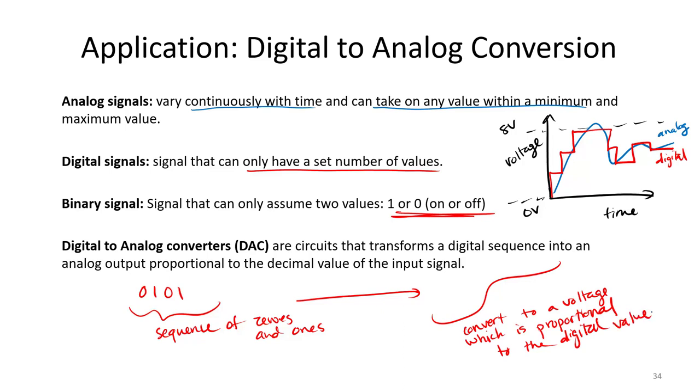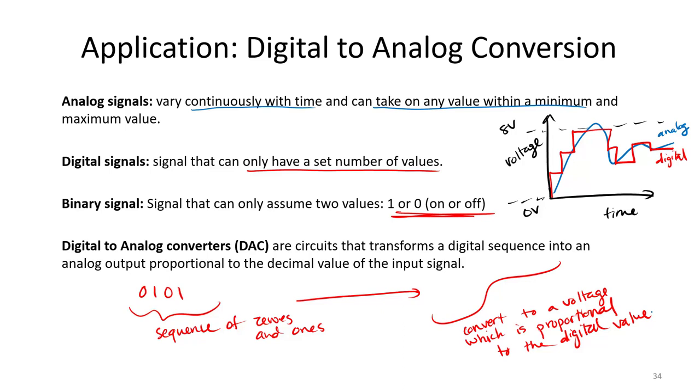So this is actually a very important calculation that is done in computers, taking that sequence of zeros and ones and converting to an actual voltage range proportional to the digital value.